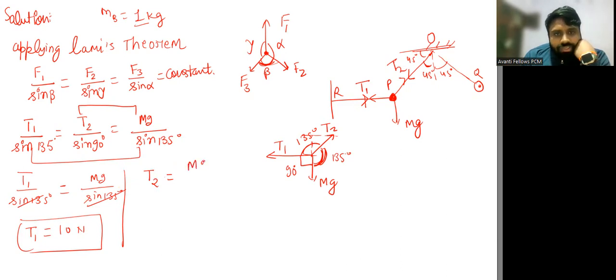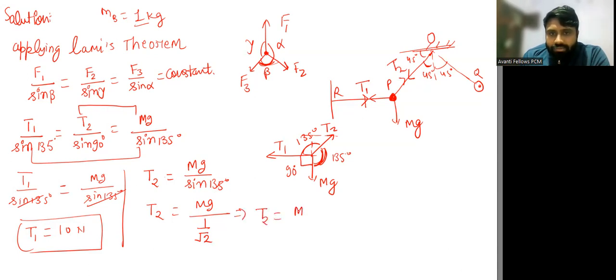Sine 135 is nothing but sine of 180 minus 45, so it will become sine 45, which is 1 by root 2. Then T2 will become mg into root 2, and mg is nothing but 10. So it will become 10 root 2 Newton.